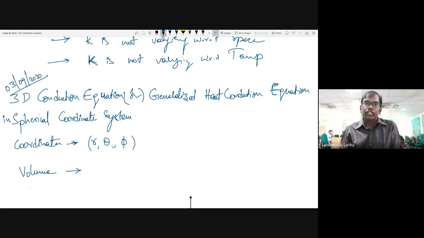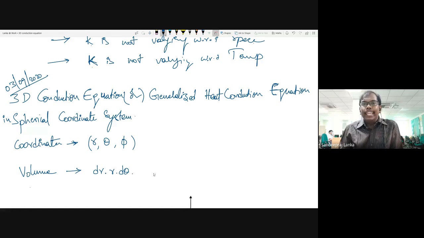So corresponding to this, if I have to take the volume, corresponding to r I will have dr. With respect to theta, it is r d theta. r d theta is for the theta.